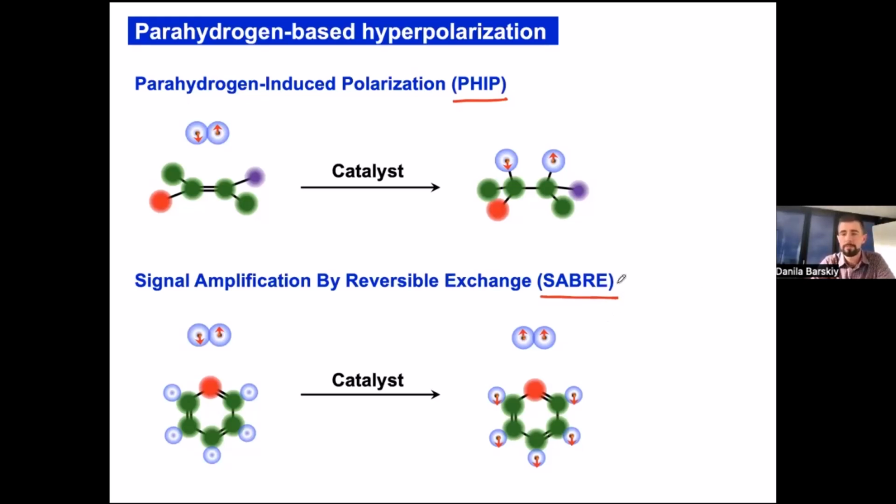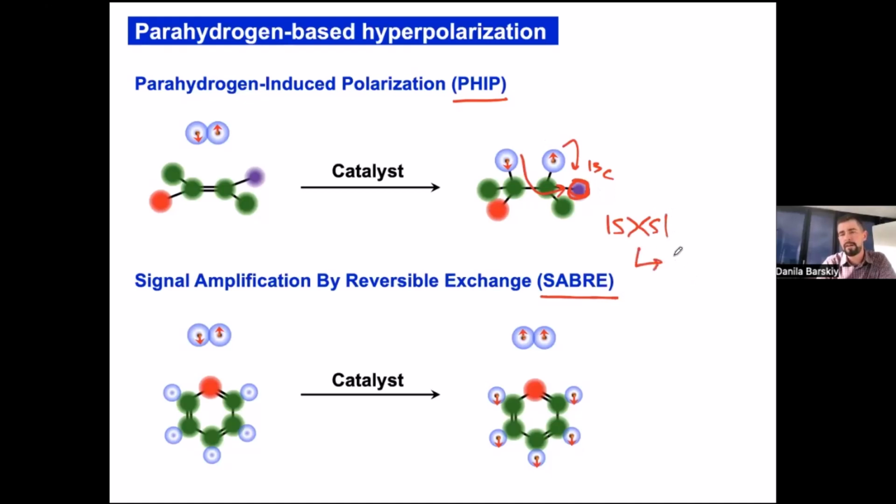But once you have a molecule, and you have a nucleus, for example, C13 or N15 in the molecule, as you have broken the symmetry of parahydrogen in this molecule, now you can use polarization transfer sequences to transfer polarization directly, basically from the singlet state in your hydrogens to carbons.